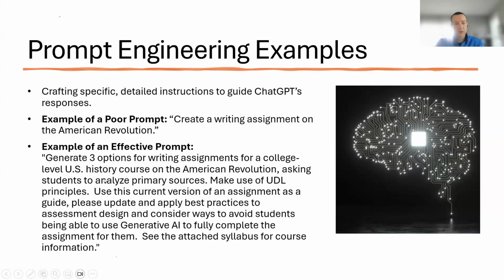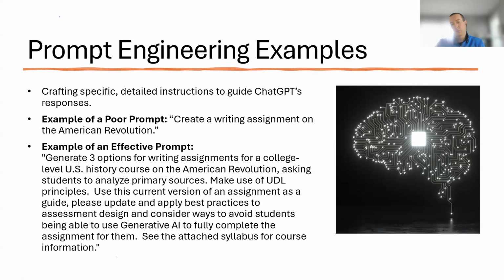We're making use of Bloom's taxonomy and critical thinking skills, higher level thinking skills with analyze. We want our students looking at primary sources. So we're telling the generative AI tool that we want an assignment where that's there. Again, there's no mention of primary sources in this first prompt, so maybe we'll get something with primary sources, maybe we won't.